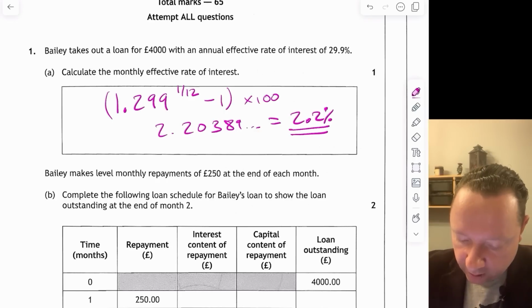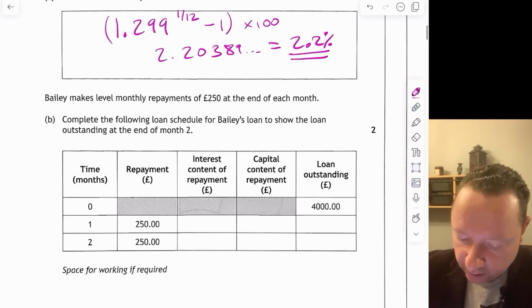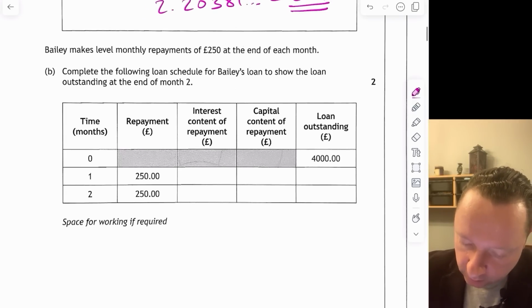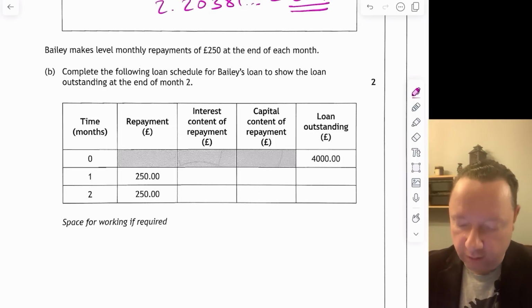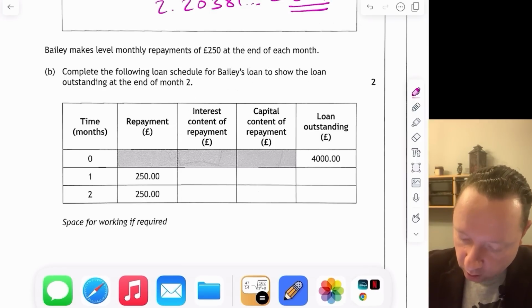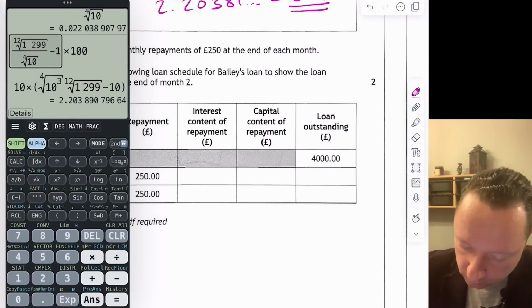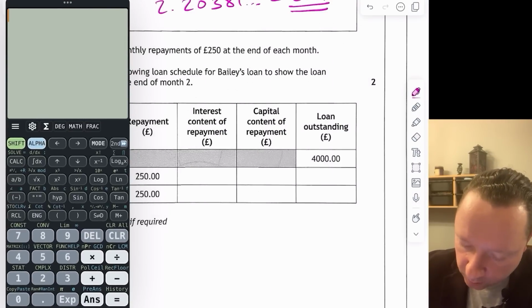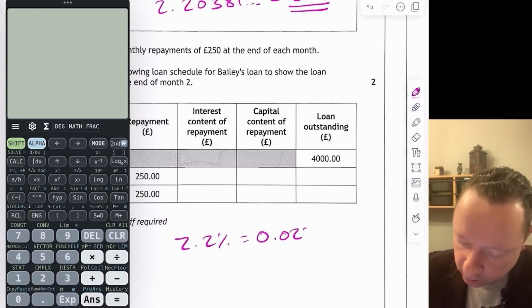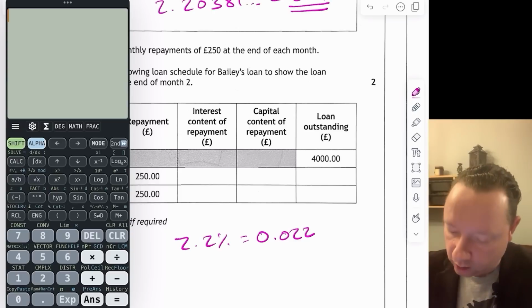Part B, Bailey makes level monthly payments of £250 at the end of each month. Complete the loan schedule. So we can do our working if required, but we're going to use a calculator for most of this. First step, 2.2% is 0.022, or you can just times by 2.2 and divide by 100.